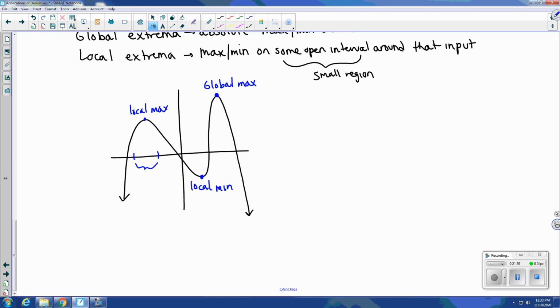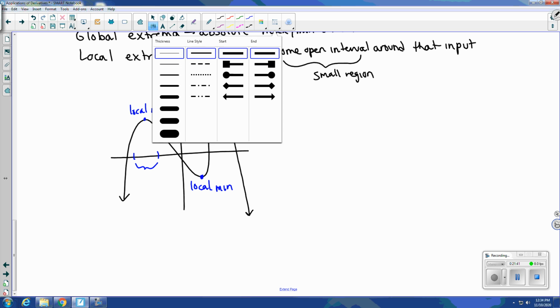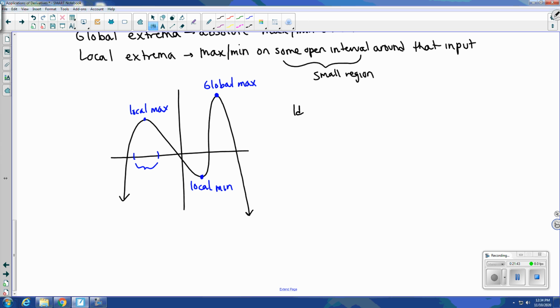Now the question is, if we don't have the graph, how do we identify global versus local? Well, there's a couple things you need to think about. So identifying global extrema.